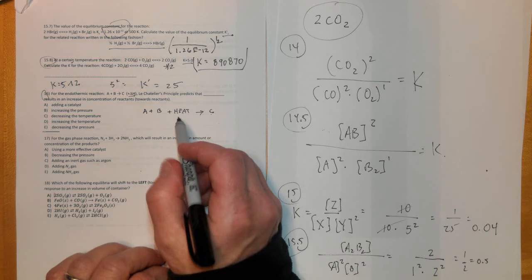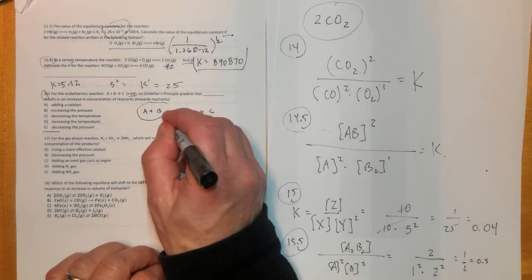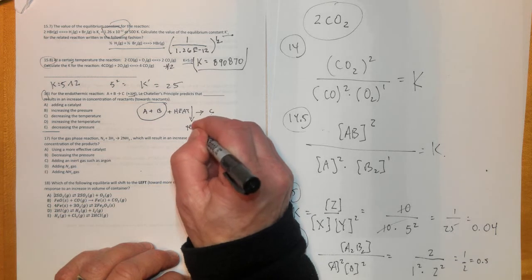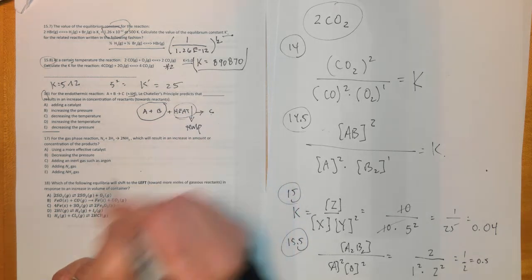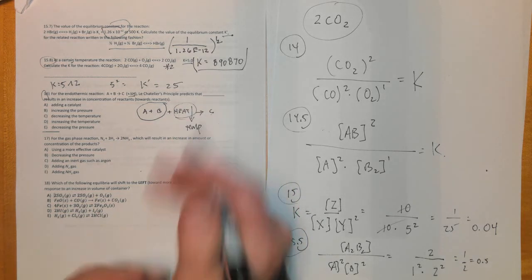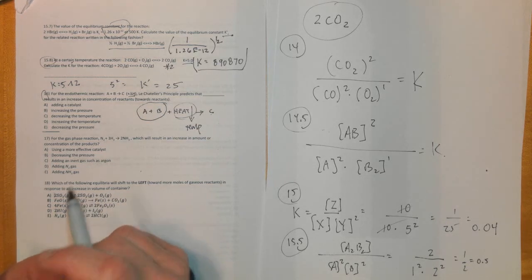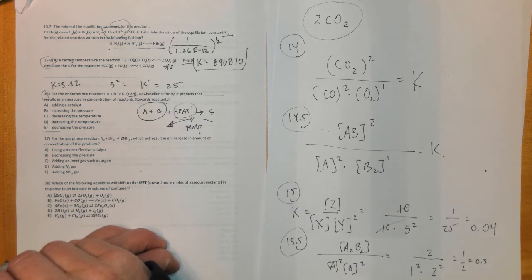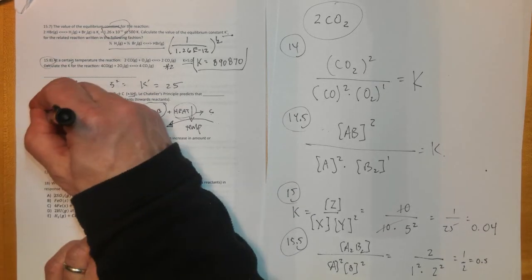So we want to increase the concentration of these guys right here. So if we lower the temperature, then what it's doing is we're removing some of this heat. And if you remove some heat or remove a reactant, the reaction will shift in that direction. And so decreasing the temperature would cause it to shift to the left.